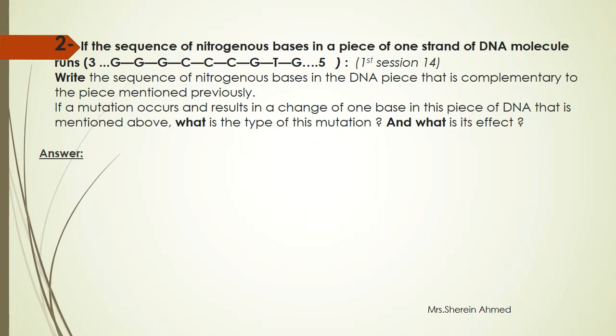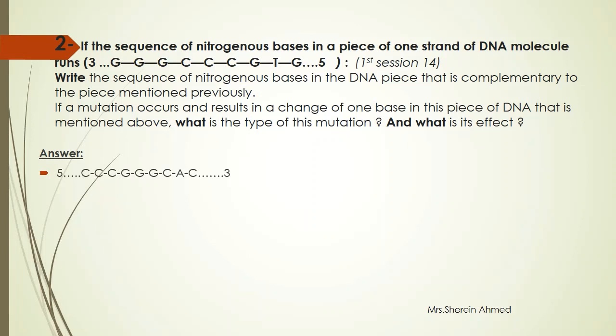So the question is, write the sequence of nitrogenous bases in the DNA that is complementary to the single strand mentioned previously. Okay, so from 5' to 3', and you know that guanine is always paired with cytosine and adenine with thymine.